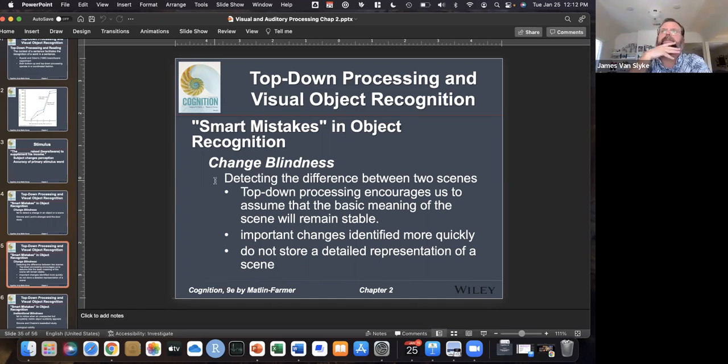This is one of the principles that a lot of visual processing hinges on: we assume that the world stays the same, that there's a certain kind of constancy to what we're looking at. Just a basic assumption that we make. And that allows us to not be overly focused on all the little changes that may or may not be occurring.